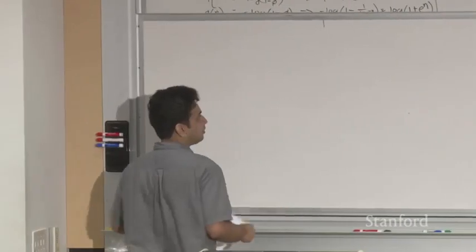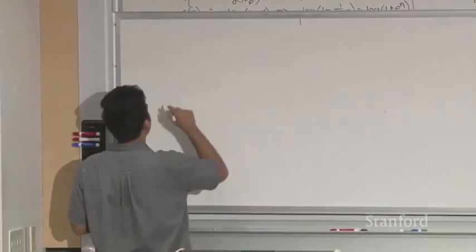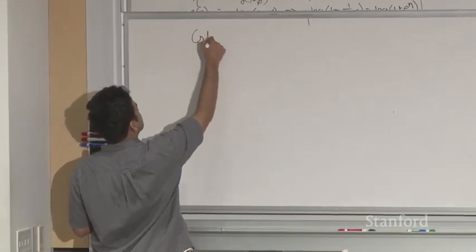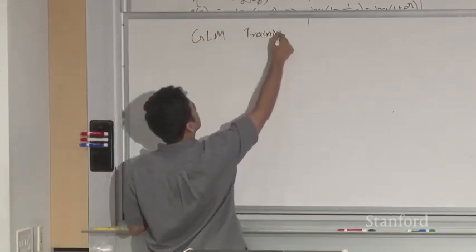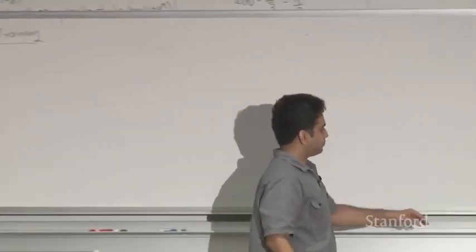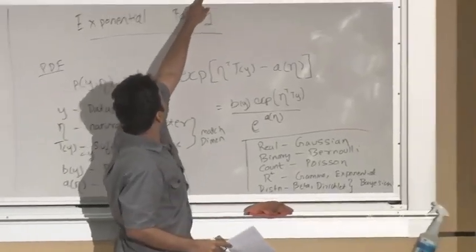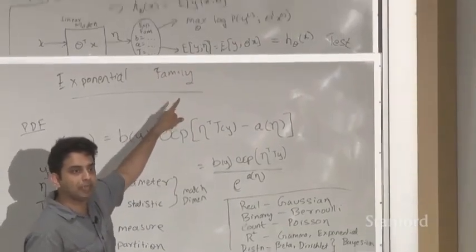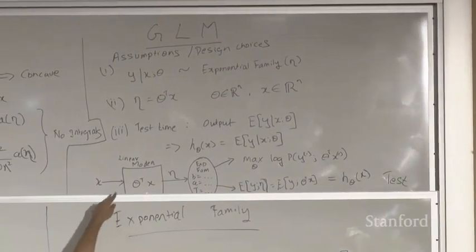So another incidental benefit of using GLMs is that at train time, we saw that we want to do maximum likelihood using the log probability with respect to thetas.